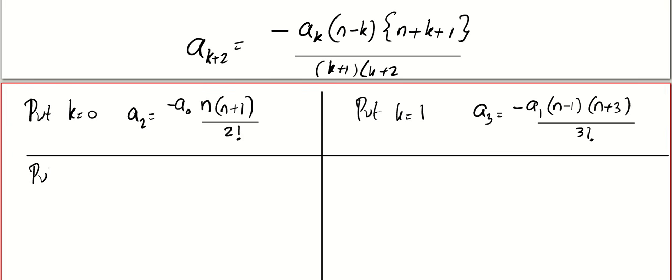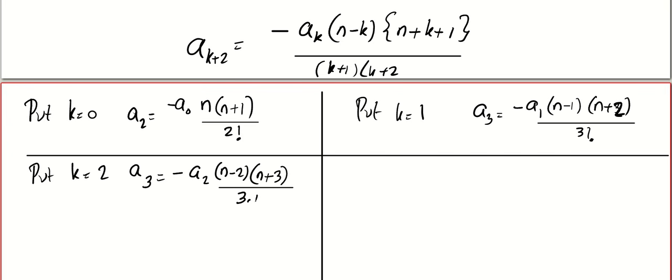And then you put k equal to 2, so we get a4 is equal to minus a2 into n minus 2, n plus 3 divided by 3 times 4.